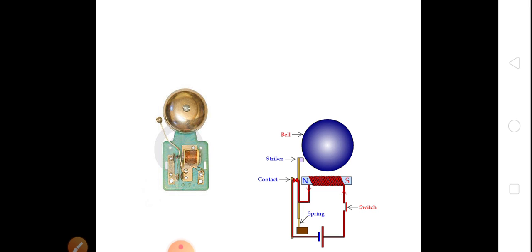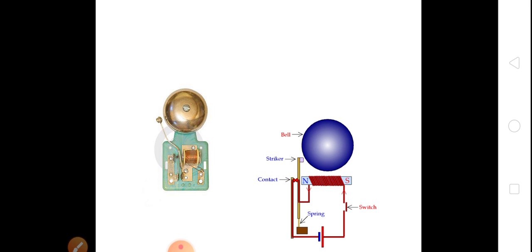So various symbols are there, like symbol of battery, symbol of switch, symbol of wire, symbol of bulb. Next, third, conductors have low resistance and allow electric current to pass through them, while insulators have high resistance and do not allow electric current to pass through them. Conductor, insulator is clear, very simple.